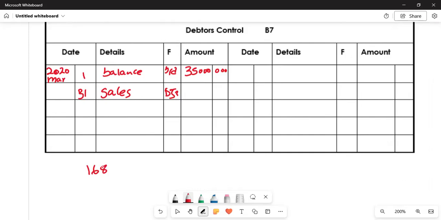If I'm not wrong, it's 16,830 plus 7,450. So it will give us 24,208. So you just put it here, 24,208. So it goes on the debit side because you're still owed as a business by these debtors. But on the credit side, you're going to have bank.